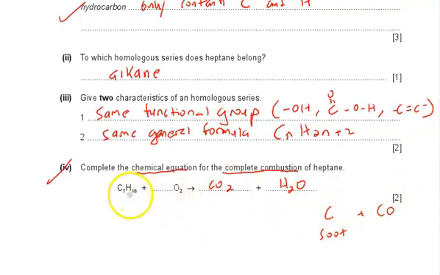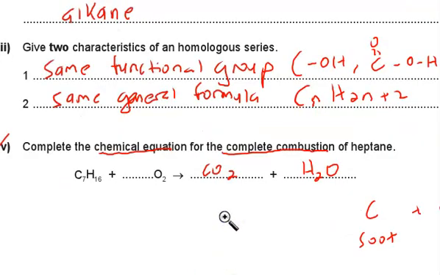Now we have to balance this equation. So let me make it slightly bigger. Alright, so now here we have 7, so we can put 7 here. To complete the equation, make sure the number of elements here and here must be the same. Carbon has 7, and here you also have 7.